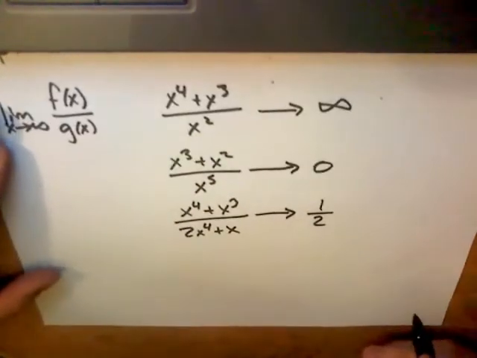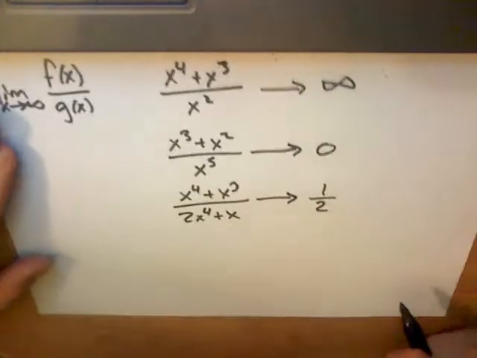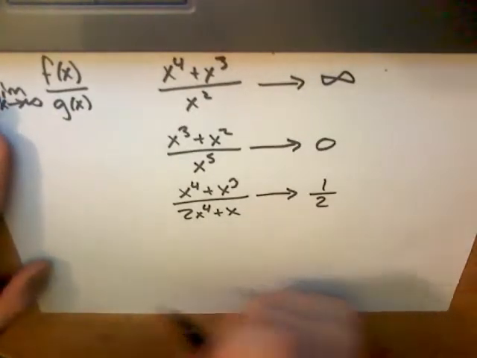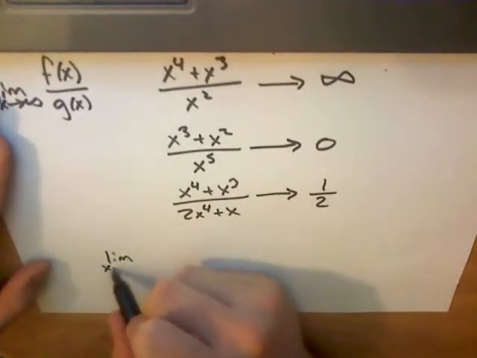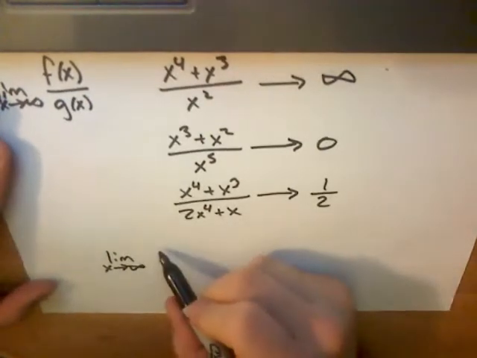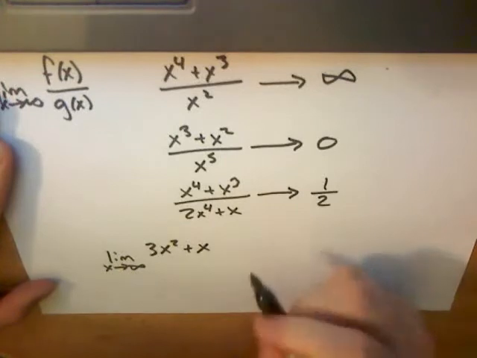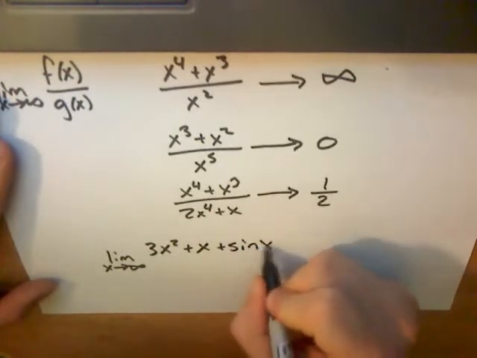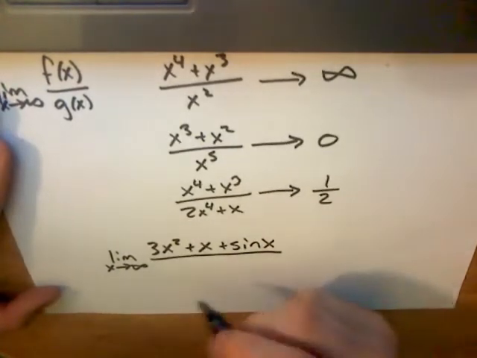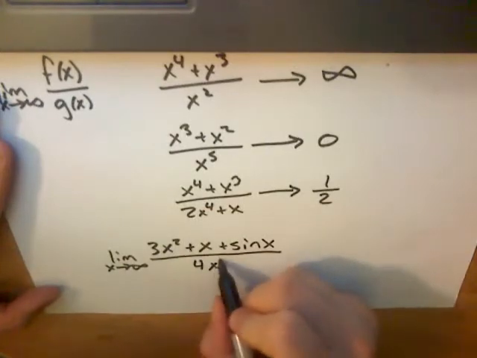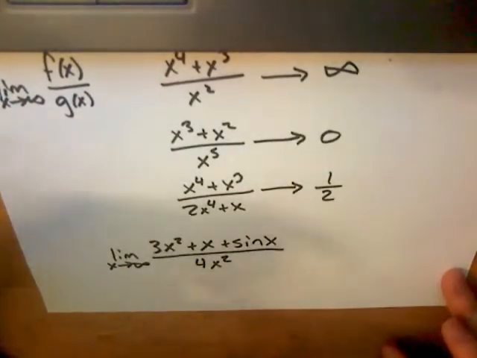I simply don't have enough time to go over all the different ones, but one that I will go over, let's do the limit as x goes to infinity of 3x squared plus x plus sine x over 4x squared. Think about what that trigonometric function is.